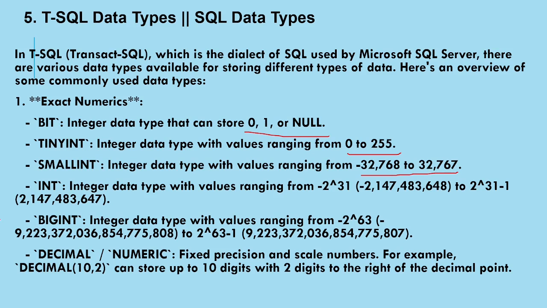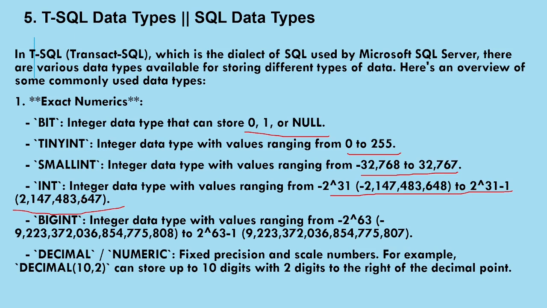Integer, so the integer data type has values ranging from -2 to the power 31 up to 2 to the power 31 minus 1. Okay, both minus and plus values.